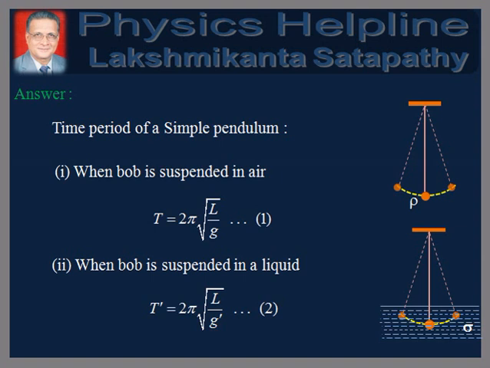When the bob is suspended inside a liquid, the effective acceleration due to gravity changes from g to g dash. Due to this, its time period changes from t to t dash, given by t dash is equal to 2 pi root over L by g dash.